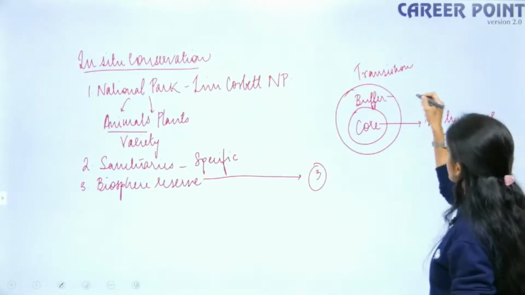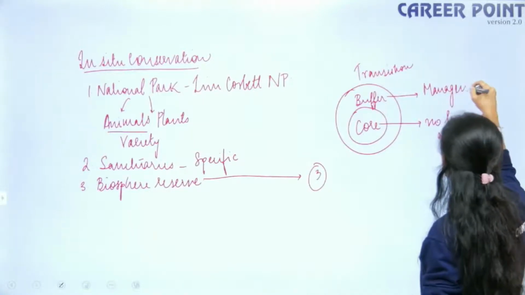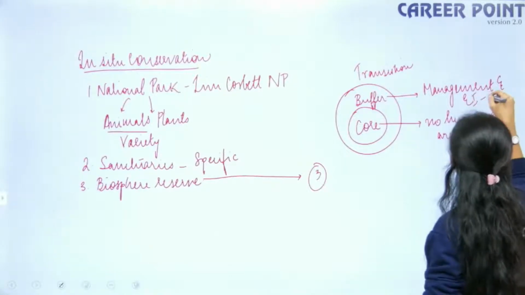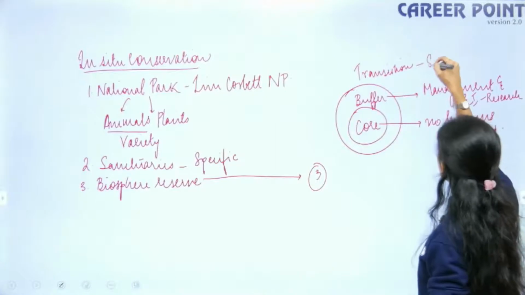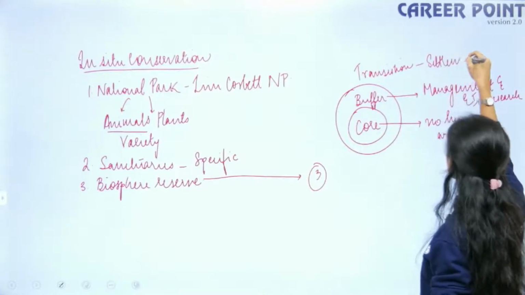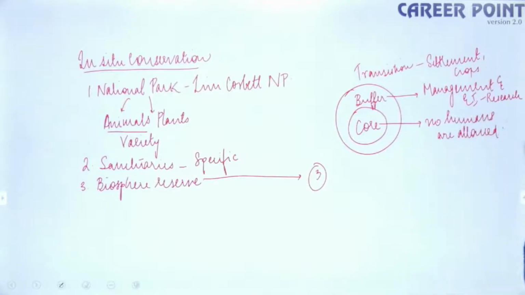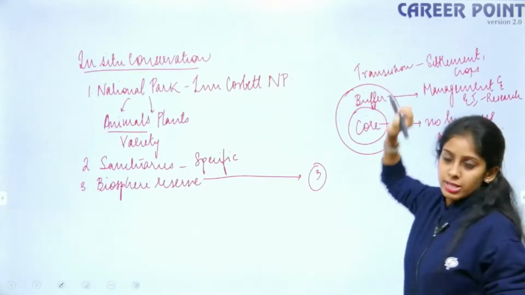The core region is where no humans are allowed. The buffer region is where management and educational institutes work for research. The transition zone is where you have settlements, tribal settlements, crops, etc. So a biosphere reserve is a piece of land that is getting protected, and here you have three regions: core, buffer, transition.